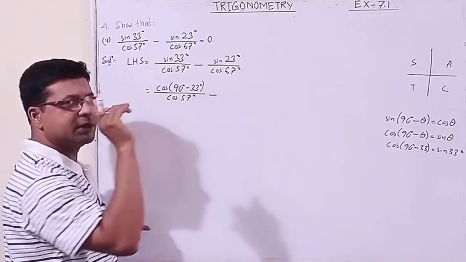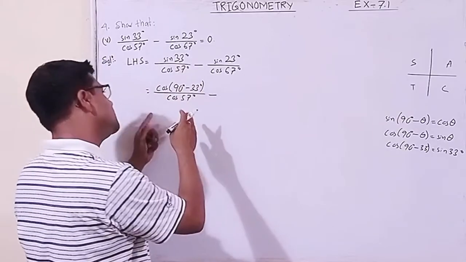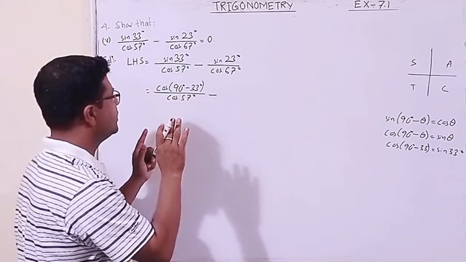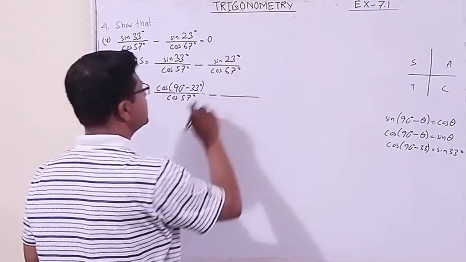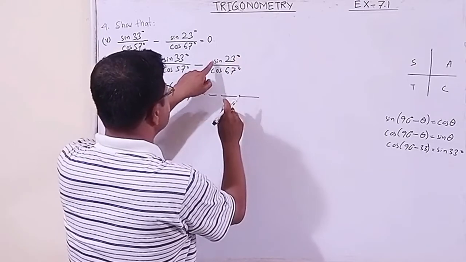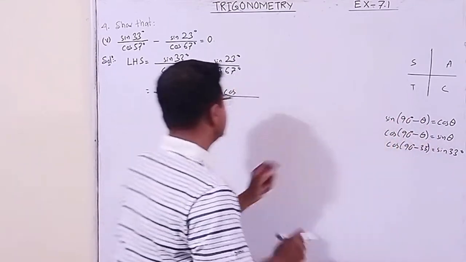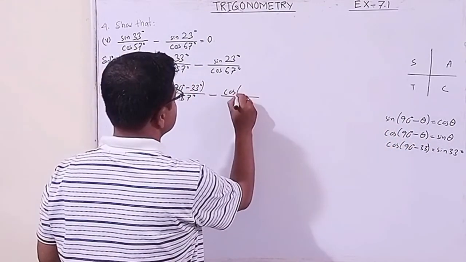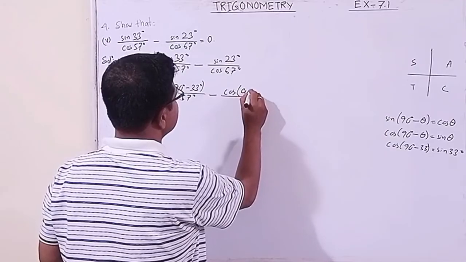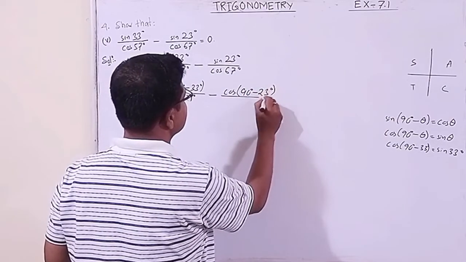From one pair we change only one ratio, not both. If you change both, you cannot complete the sum. Suppose from here let us change this one, sine will be converted to cos, just like this, again 90 degrees minus 23 degrees.